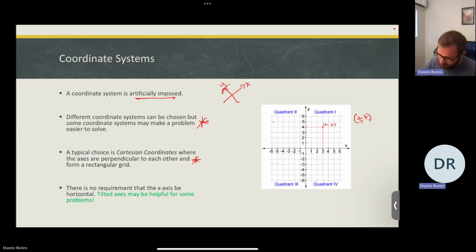Over here in quadrant 2, you have negative x because we're going to the left, but positive y values because we're still going up. Quadrant 3, negative, negative, because that's the negative x direction and the negative y direction. And then over here, we're going to have positive x values because we're again going to the right, but negative y values. So again, it's worth noting that tilted axes may be helpful for some problems.